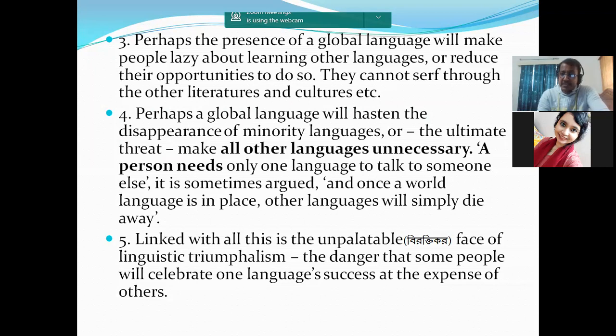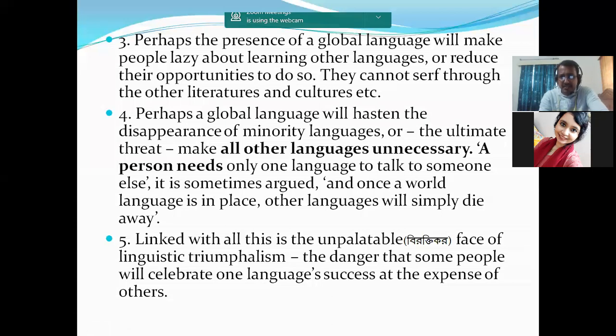They have become lazy on one hand and reduced their opportunities to do so. What type of opportunity? We have already mentioned in one class that Dr. Muhammad Shahidullah learned 80 languages at the time.